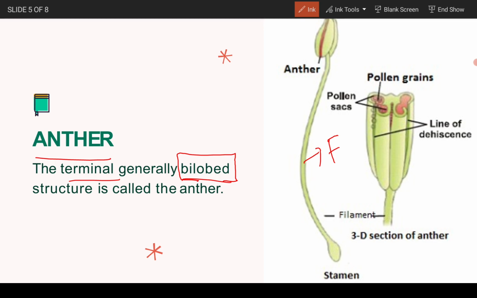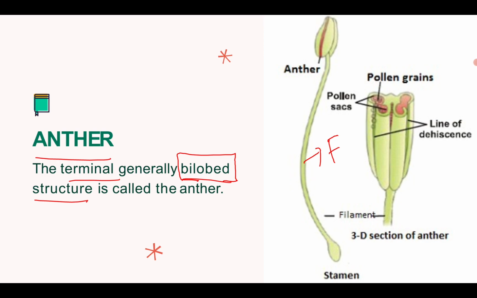For now, let this definition be crystal clear once again with me. The terminal generally bilobed structure is called the anther. Terminal, since it's present on the terminal position of the filament. And bilobed, I have given some introduction, but it will be taken deeply in the next slide in a few minutes.